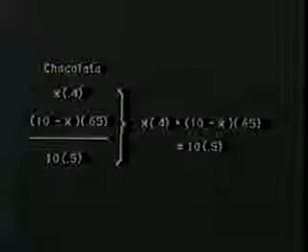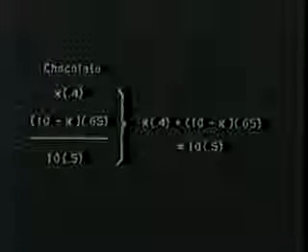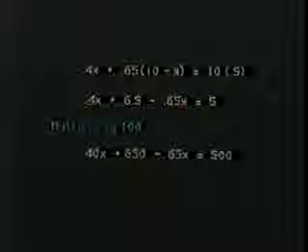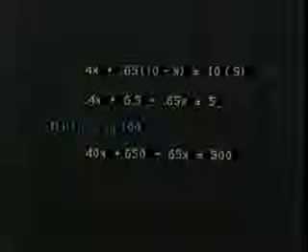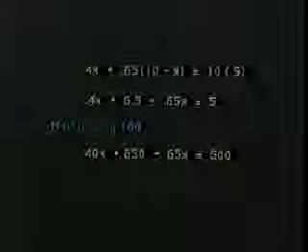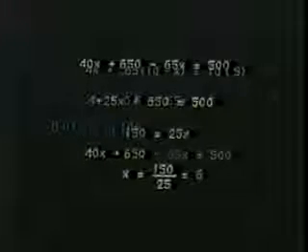And as soon as we do the addition, we find that we have an equation. We rearrange the terms a little, and we're ready to solve. First, for convenience, we use the distributive law and multiply by 100 to get rid of the decimals. And from there on, it's easy sailing.